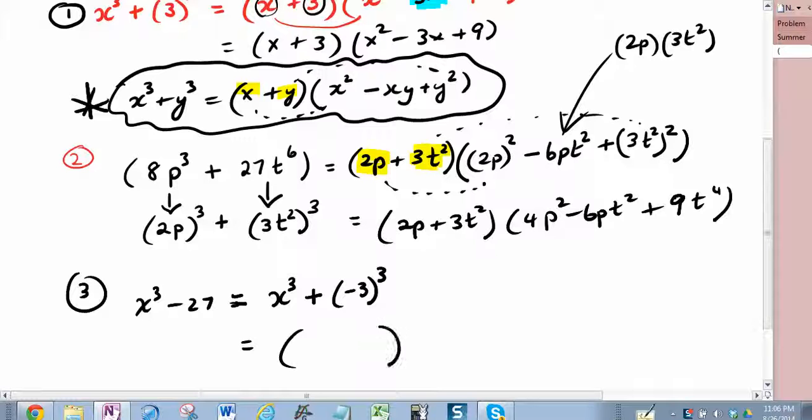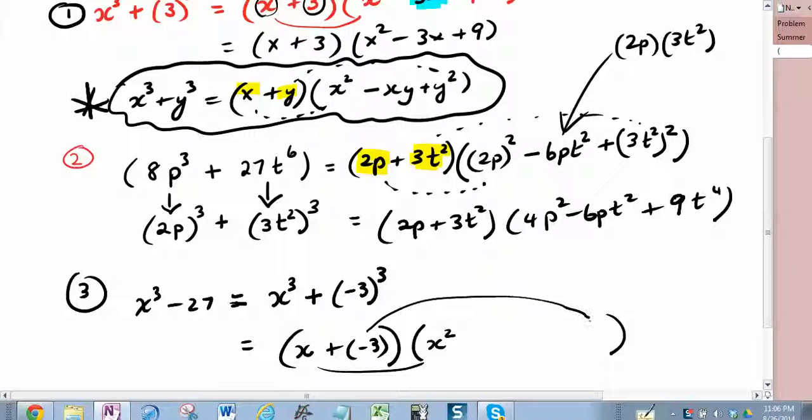It is now the sum of two cubes. In the first factor, I write the sum of what's being cubed, x and negative 3, so it's x plus negative 3. To construct the next factor, I take my x, I square it. I take my negative 3 and I square it.